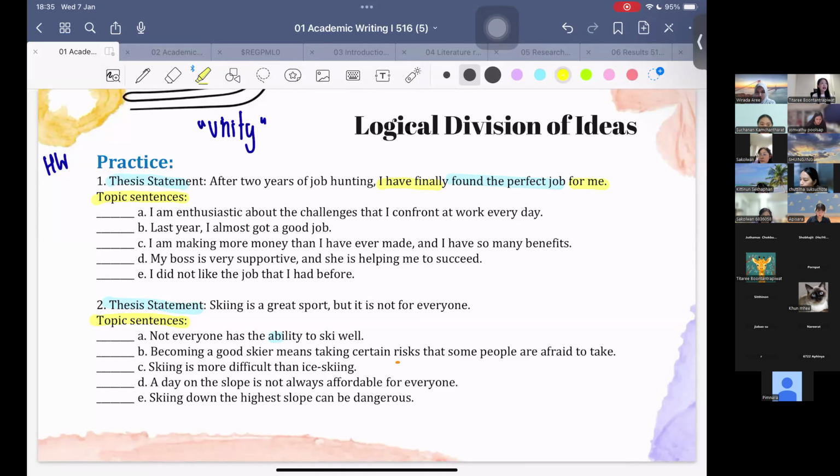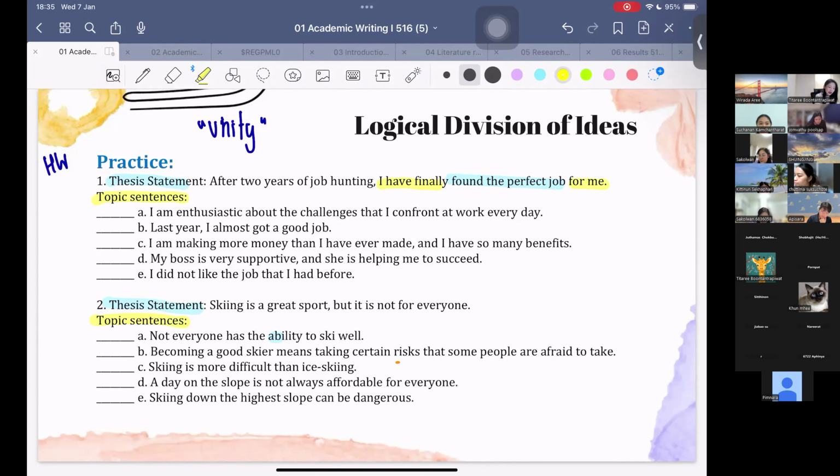It's not exactly clear, but yes, finally found. Some people would add something like, I have finally found the perfect job for me due to many reasons, to show that you're going to talk about reasons why this job is the perfect job.